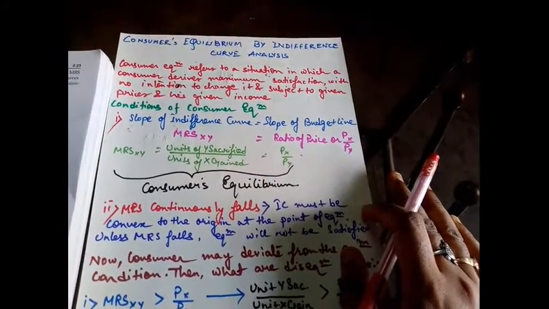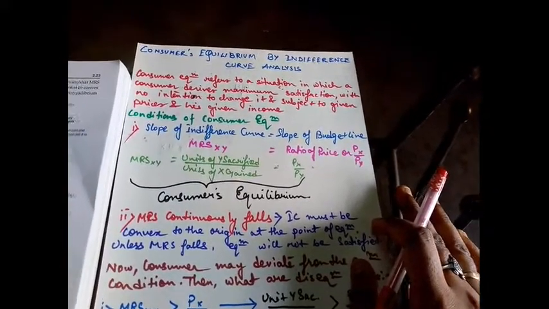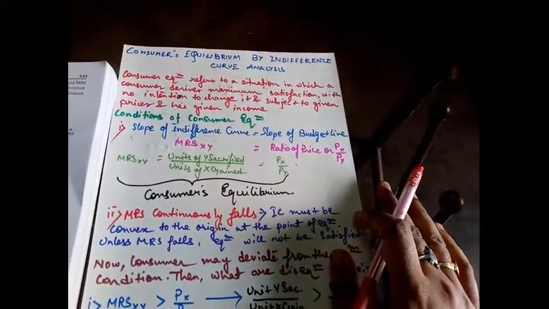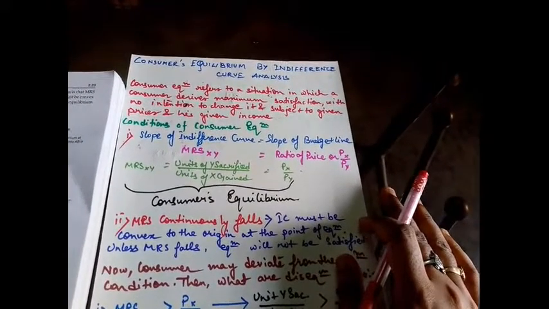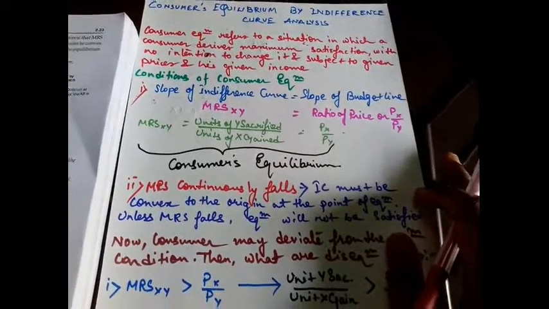Why? Because your income is constant, for example 5,000. With that 5,000 income, you cannot consume both goods in a large amount.